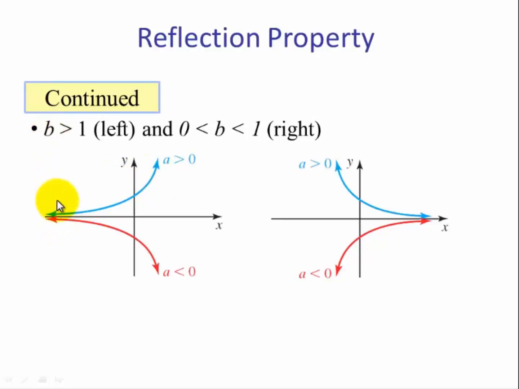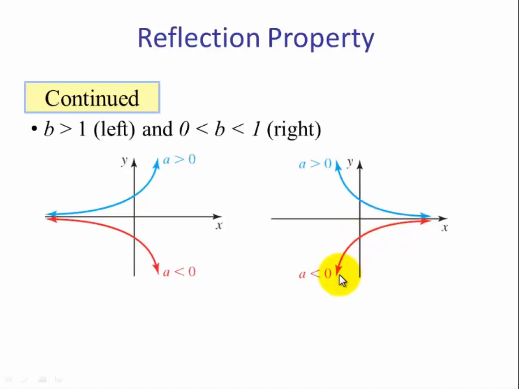Now if b is still greater than 1, but a is negative, this is now a reflection across the x-axis, and a is a negative number. For the case where we have a decreasing function, where b is in between 0 and 1, here's our value of a. It's positive, so it's in quadrants 1 and 2.